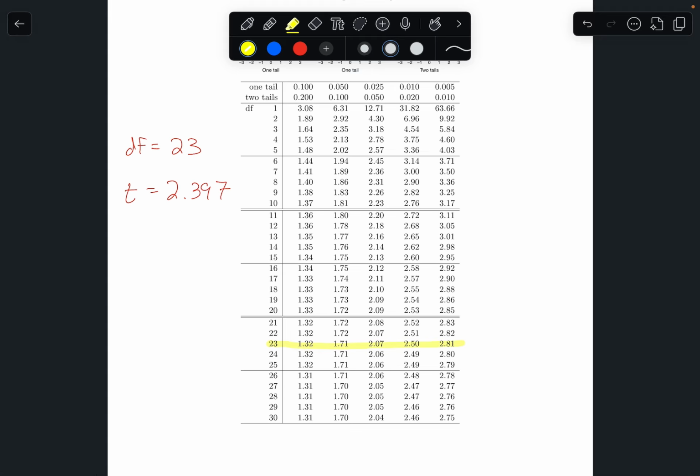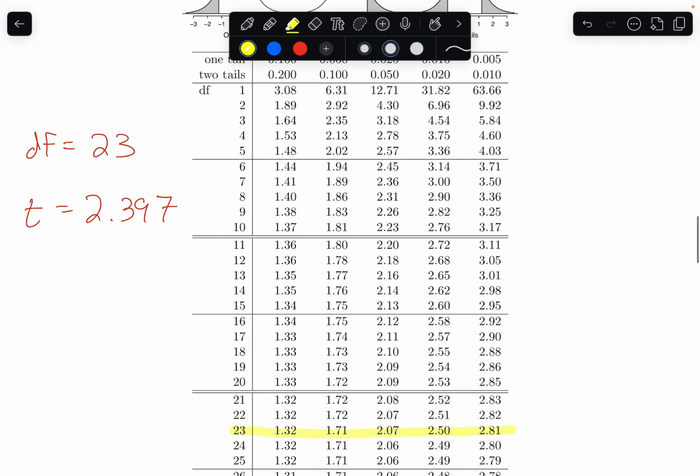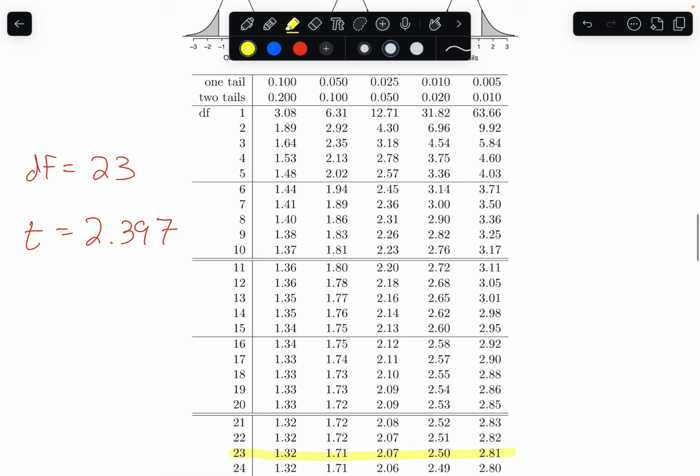We should be able to zoom in just a little bit. We're looking at the row I've highlighted, and then I look for where 2.397 lives in my list of numbers. In this case, it lives somewhere between 2.07 and 2.50.